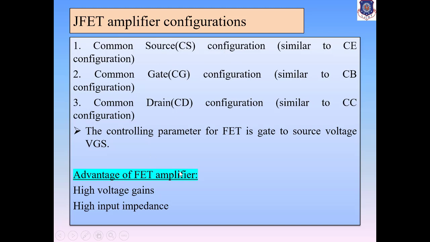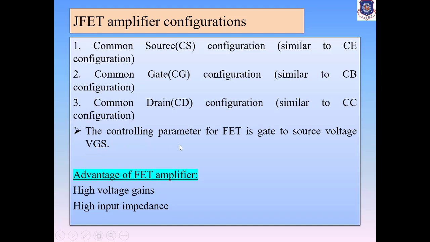First of all, let's discuss the advantages of the FET amplifier. We will get high voltage gain and high input impedance. High voltage gain means we will have a good output, and high input impedance means noise will be filtered out, right?